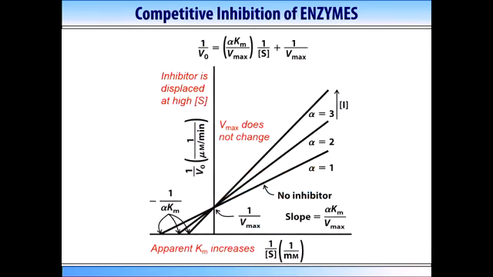If we look now at our favorite Lineweaver-Burk plot, or the double reciprocal coordinates, we will see that as we increase the concentration of the inhibitor, the slope of that line will go up. That means that this thing will become smaller and smaller, closer to zero. And because it's a reciprocal, that means that the Km becomes higher and higher.